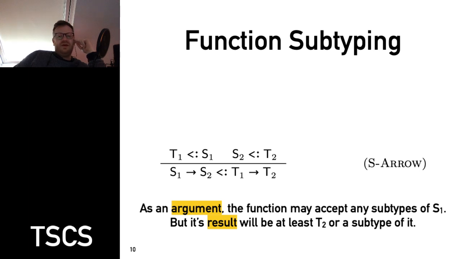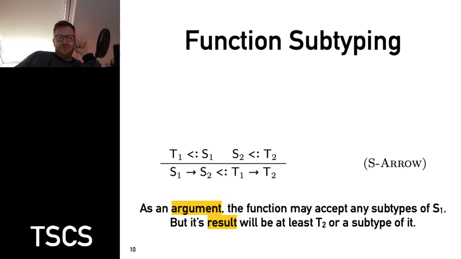So now the input parameter of the function type on the right side must now be a subtype of a more general type S1, a supertype to T1, and T2, the result type, is a subtype of that thing.